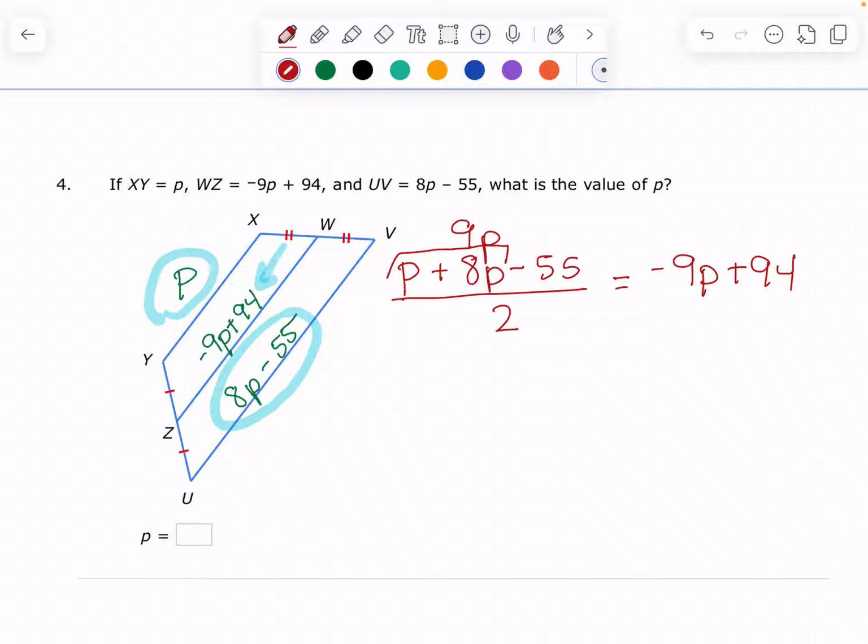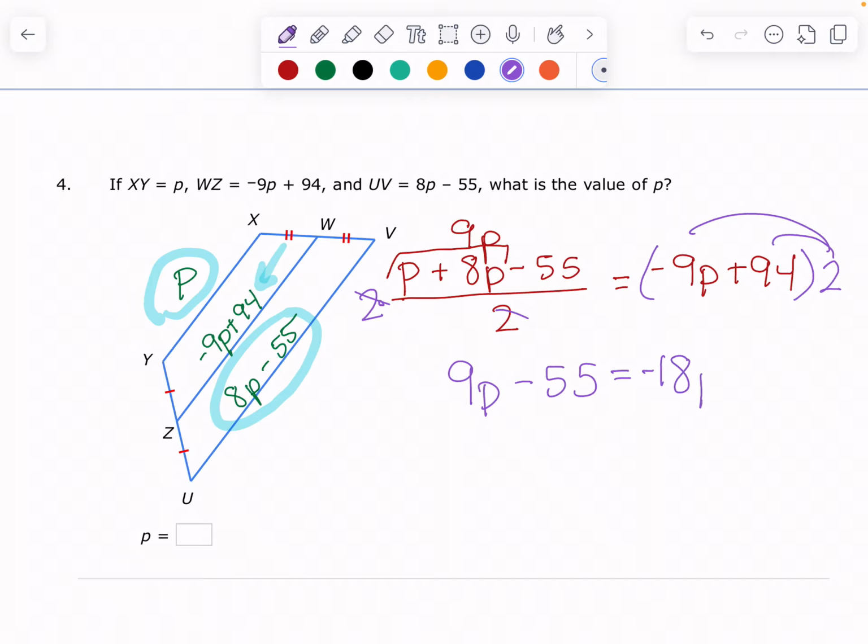And then I don't like this dividing by 2, so I'm going to multiply by 2, so those will cancel out, but then this whole thing is going to be multiplied by 2. So then I'd have 9p subtract 55 is equal to, and then I'm going to distribute here, negative 18p plus 188. Right, 94 times 2, 188, yep.